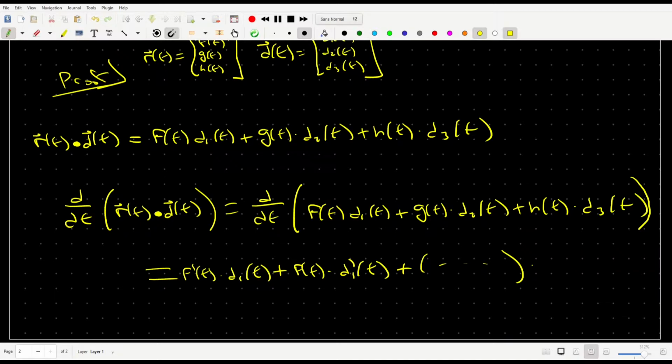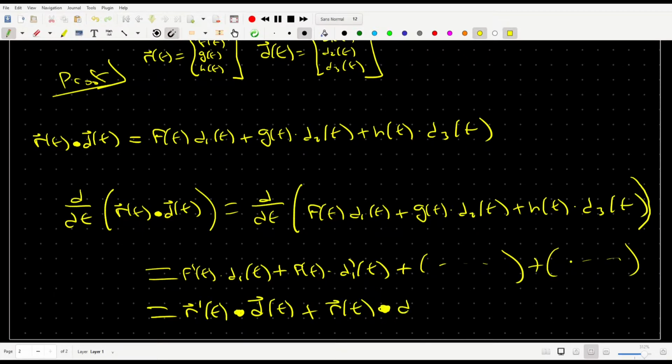Same thing for this term, and same thing for this term right here. We can do the product rule on this, on this, and on this, which when we regroup things is going to end up giving us r prime of t dot product with d plus r of t dot product with d prime of t.